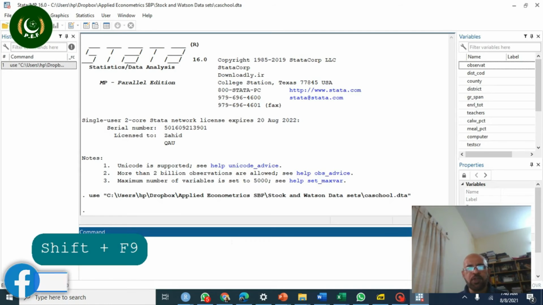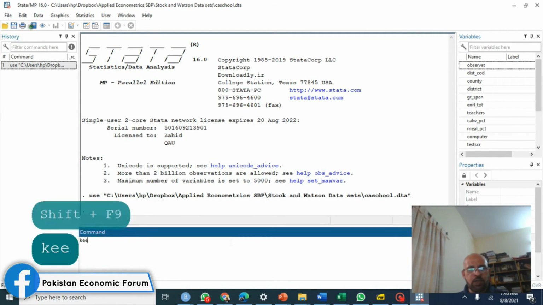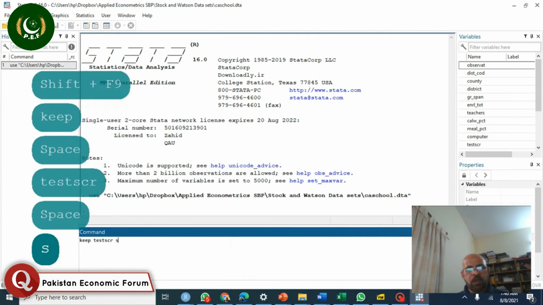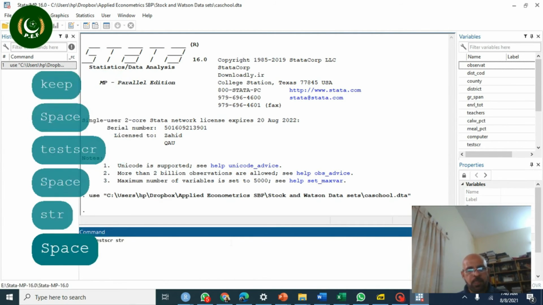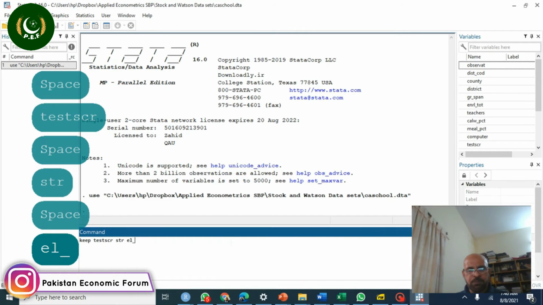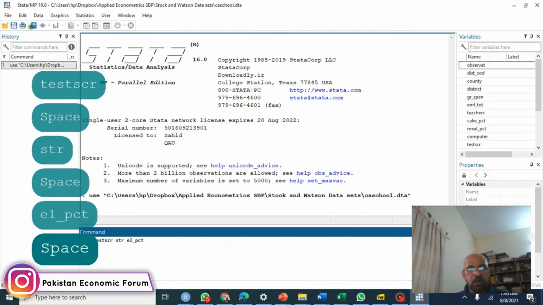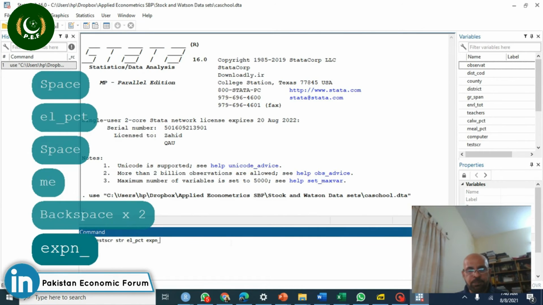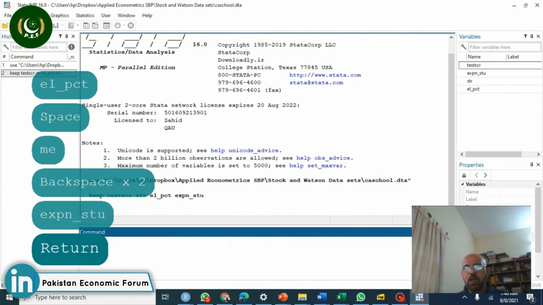So here we have the California school data, and we keep only the variables test score, student-teacher ratio, English learner percent, and expenditure per student. All other variables are dropped from here.